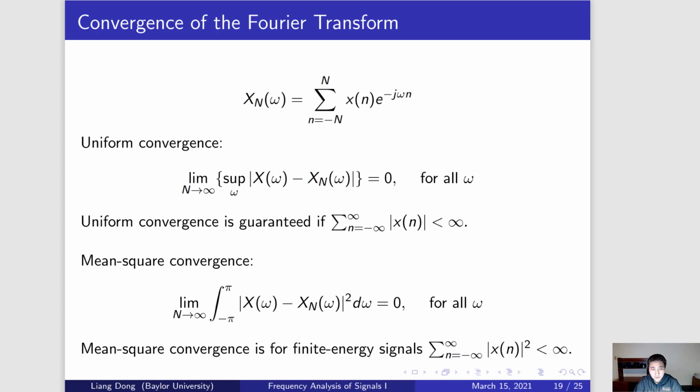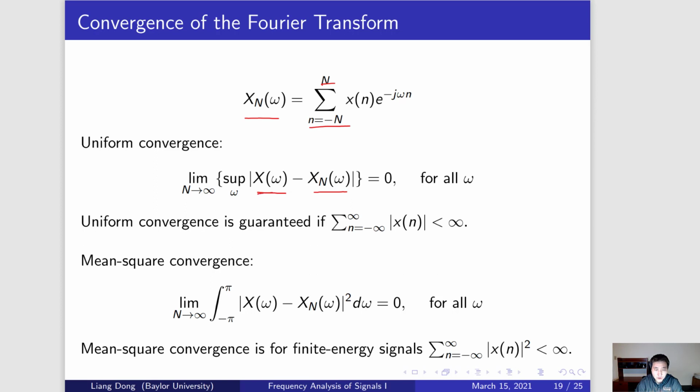Because the Fourier transform is an infinite sum, we need to discuss the convergence of the Fourier transform. Define a finite sum, X sub N, where the summation takes n from negative capital N to capital N. So we have a finite sum. Uniform convergence is defined as follows: if I compare my Fourier transform X(omega) to this X sub N(omega), which is the finite sum, take the supremum over all omega, then take the limit as N approaches infinity.